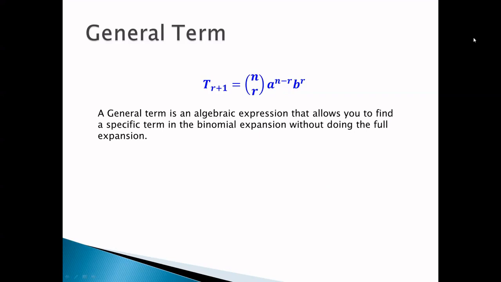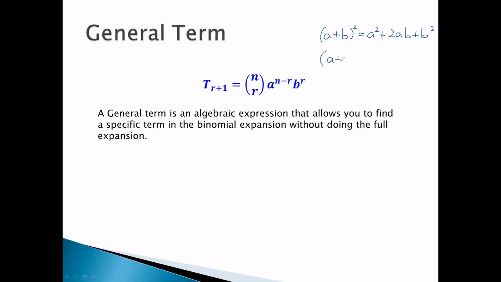Now, why is it T r plus 1? Firstly, if you look at bracket a plus b to the power 2, how many terms are there in this expression when you expand it out? You got a squared plus 2ab plus b squared, right? So there are 3 terms when the power is 2.